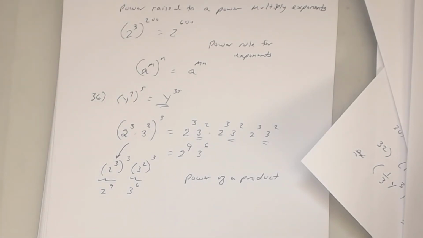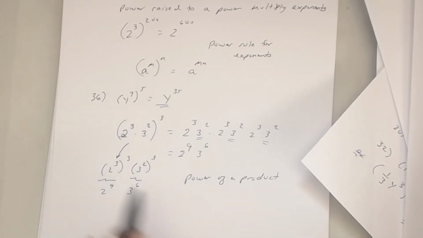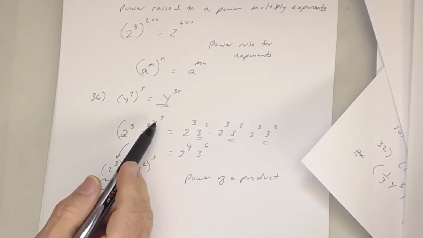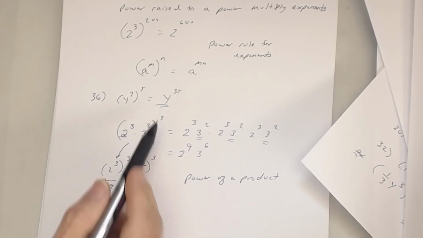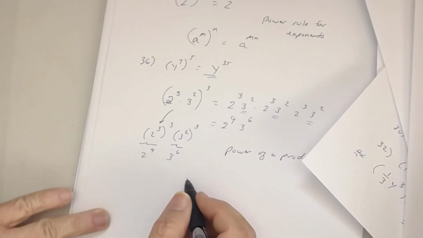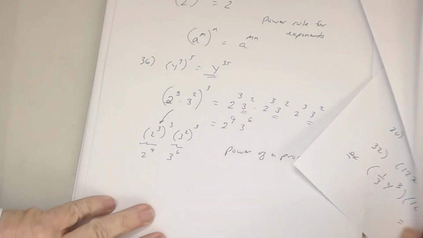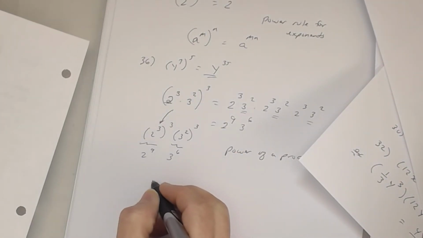And all it says is this. Take each factor and raise it to the power, like I did here. So it'll be 2 cubed to the third, and then 3 squared raised to what? The third. And so in notation form, it looks like this.